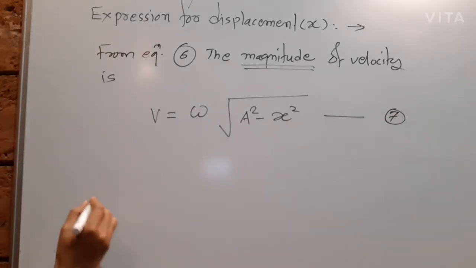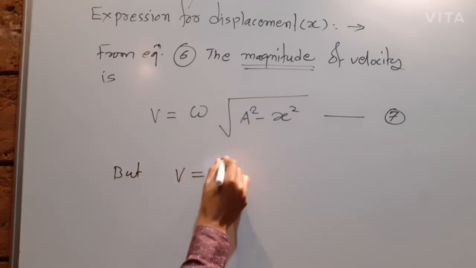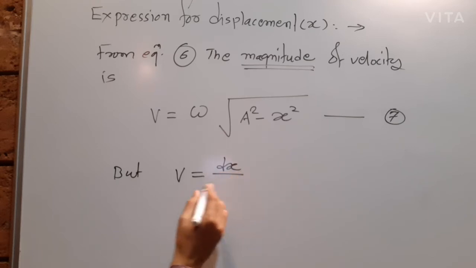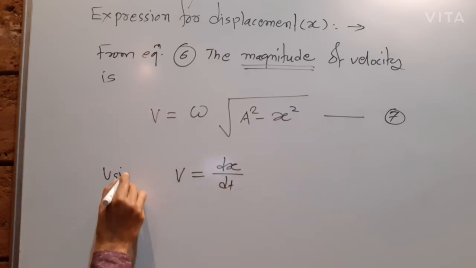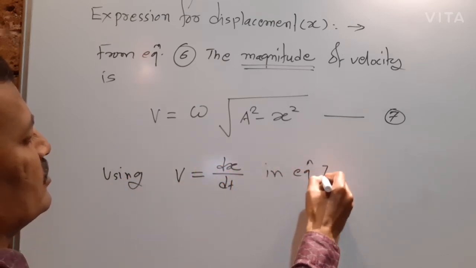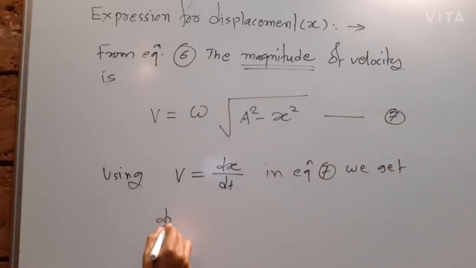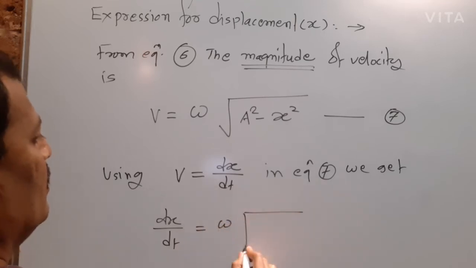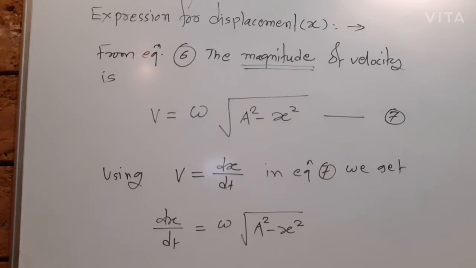But v is equal to dx divided by dt. Using v is equal to dx by dt in equation 7, we get dx divided by dt is equal to omega into square root of a square minus x square.